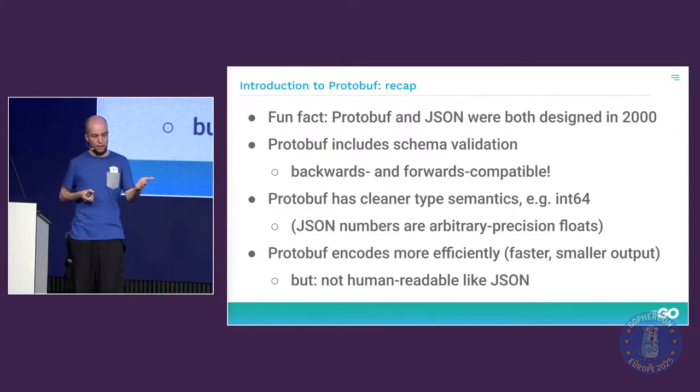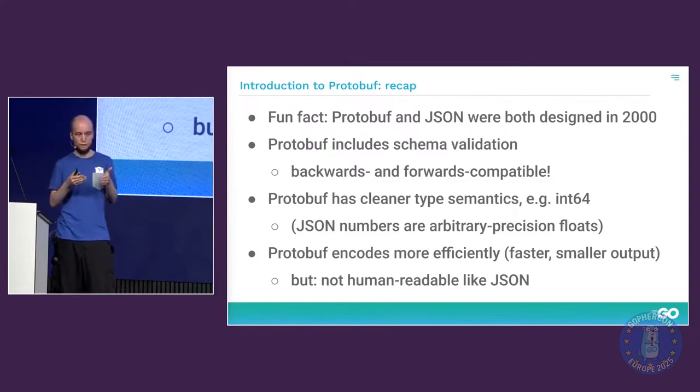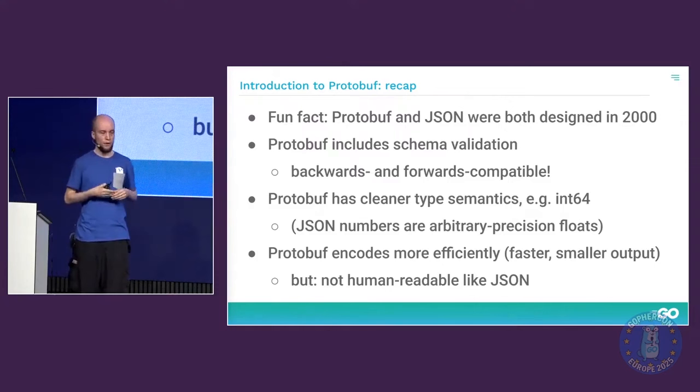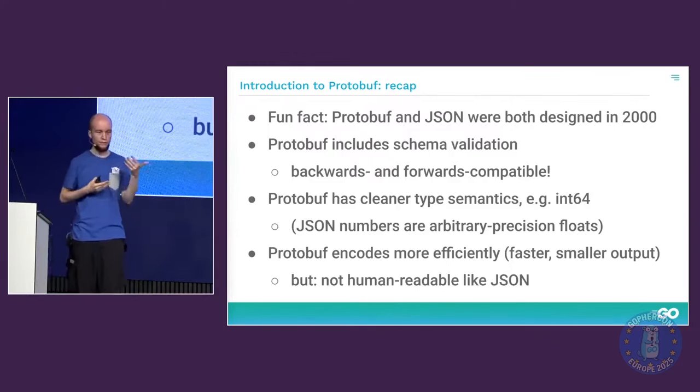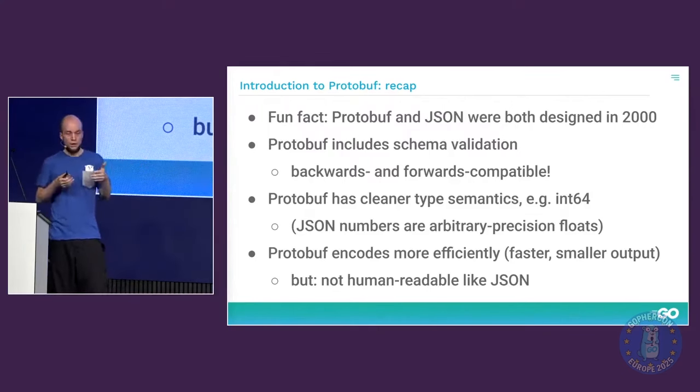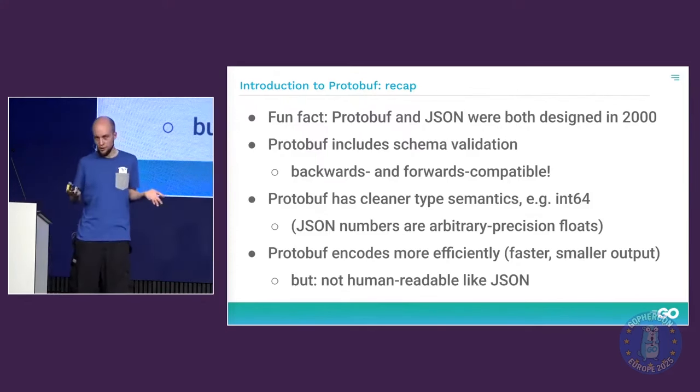But then most importantly, most people make the choice based on efficiency. So protobuf encodes much more efficiently, meaning that the output, the wire format, the binary stuff I showed earlier, is generated faster and comes out smaller. The downside of that, obviously, is that if you have this more efficient binary format, it's no longer human readable like JSON.